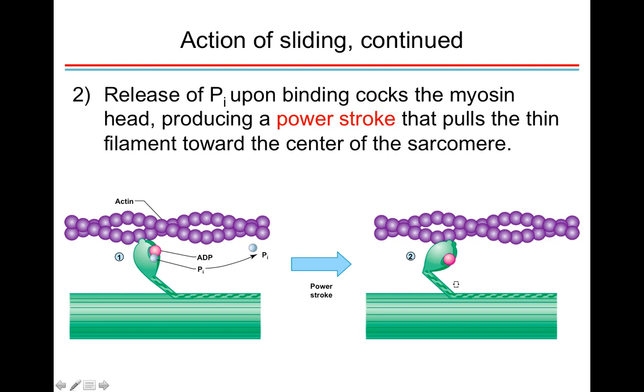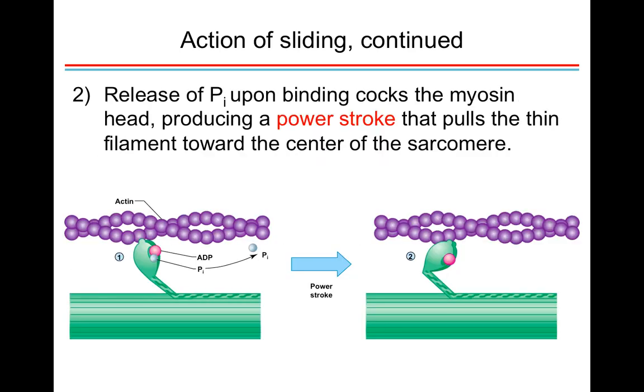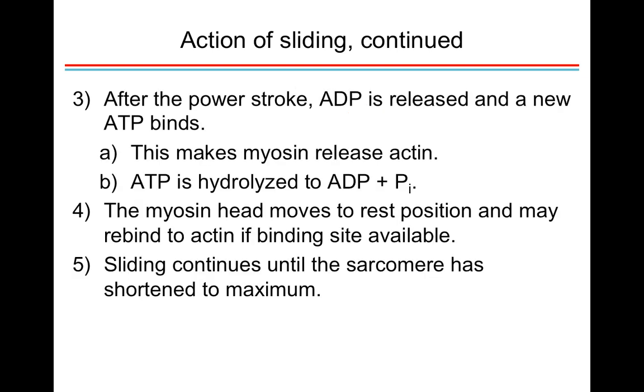So we can imagine that it is moved this way with the power stroke. So a power stroke is the bending of the myosin head. This involves the release of that phosphate, which has a lot of energy, and then that has a conformational change in the myosin head. And it basically pulls the filament towards the center of the sarcomere.